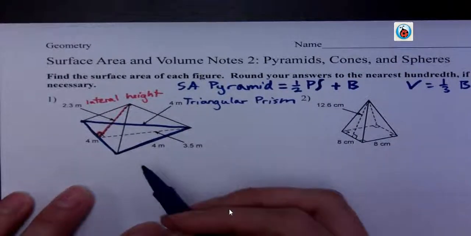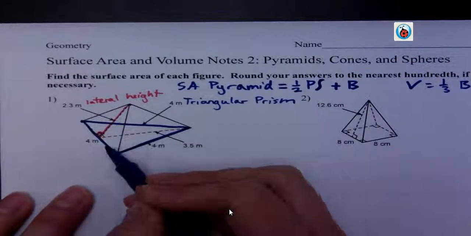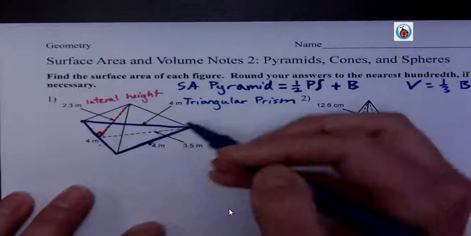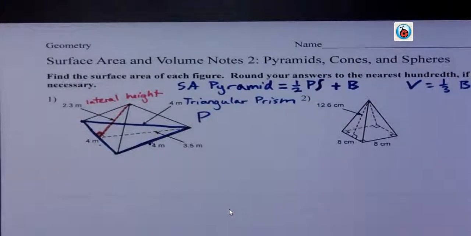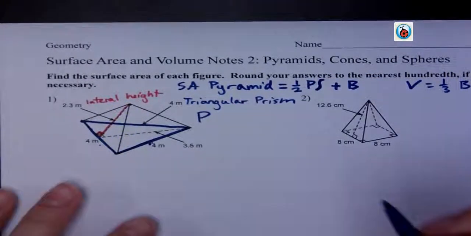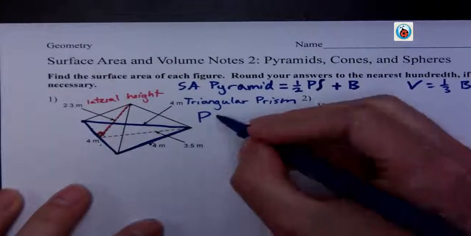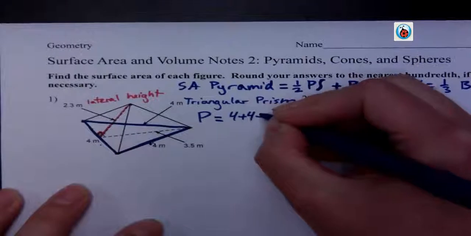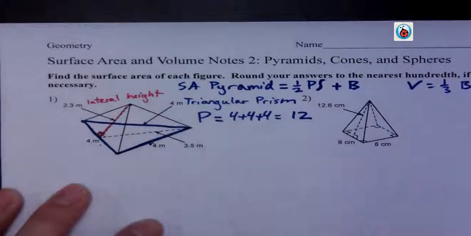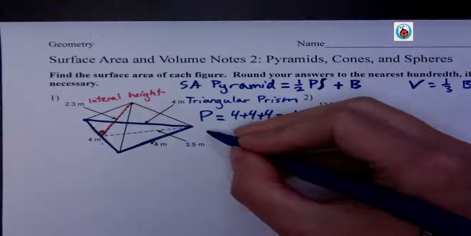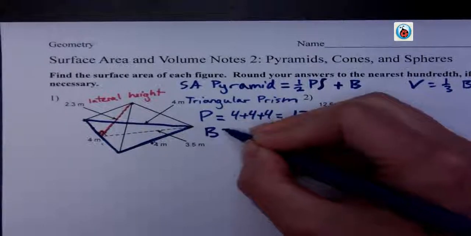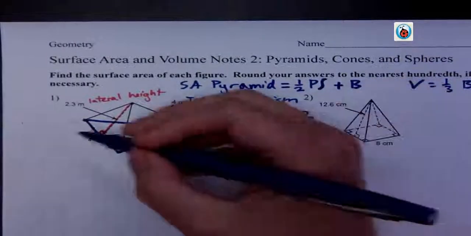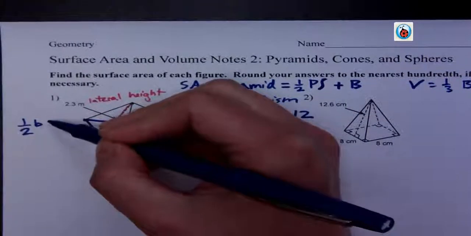And so I have to identify, this is an equilateral triangle, or at least I know all three of these sides are 4. So the perimeter of that base is just 4 plus 4 plus 4, which equals 12. Okay. Now the area of the base I need. It's a triangle, so area of a triangle is 1/2 base times height.